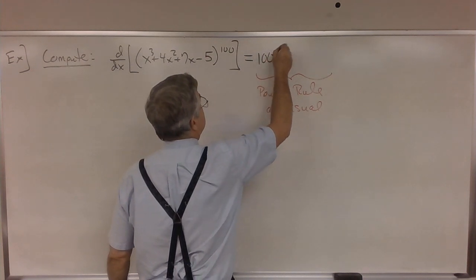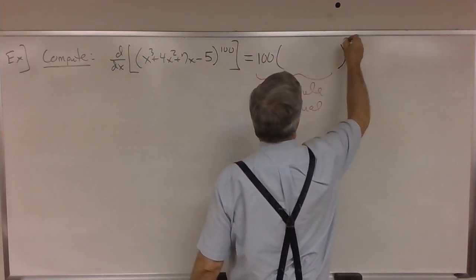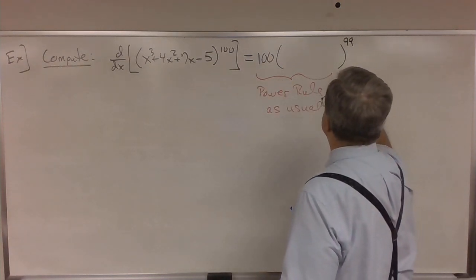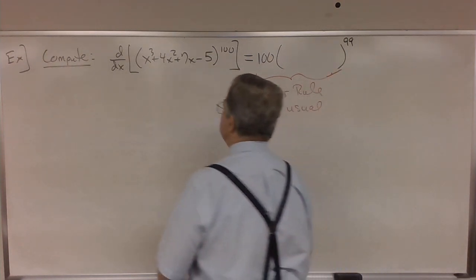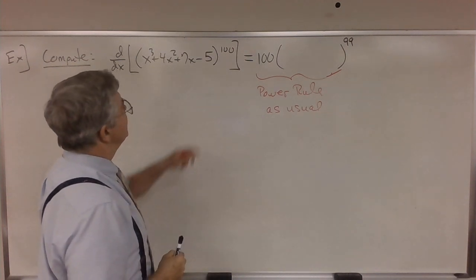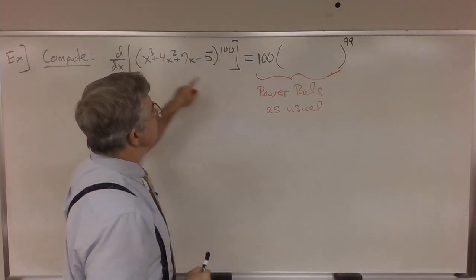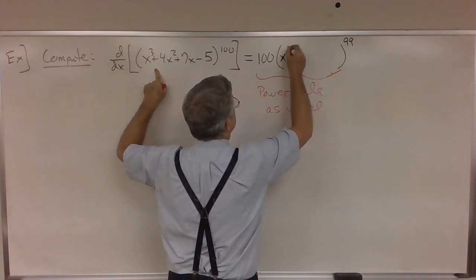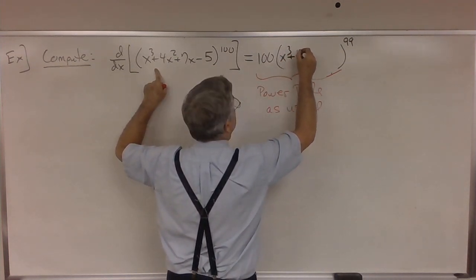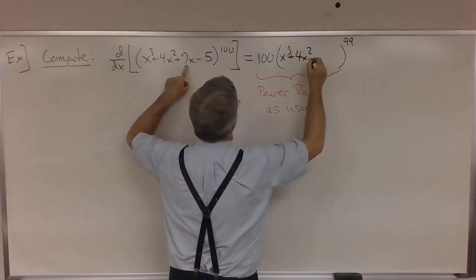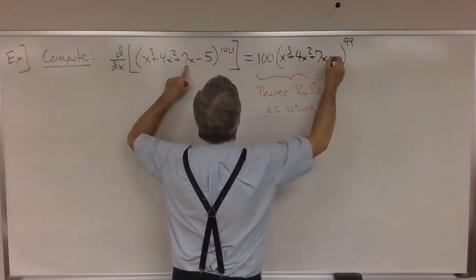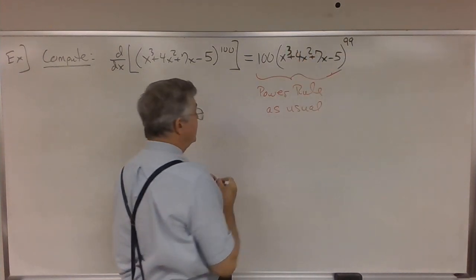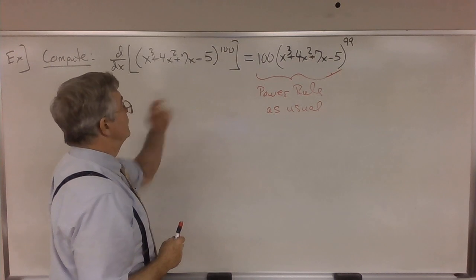So that's 100 garbage to the 99th. Or let's see, we're just doing the power rule, aren't we? So it's 100 garbage to the 99th. So we have x cubed plus 4x squared plus 7x minus 5. Okay. Power rule as usual.